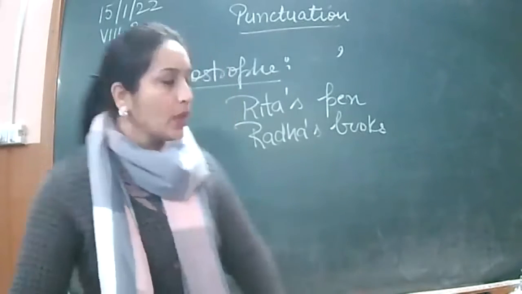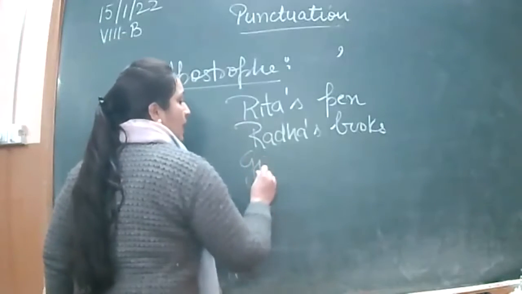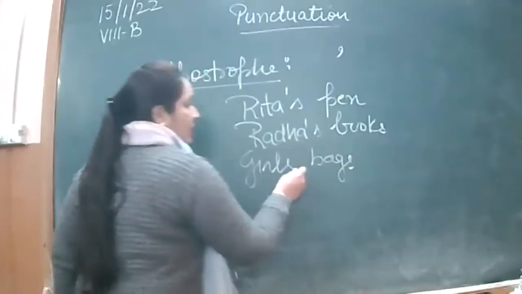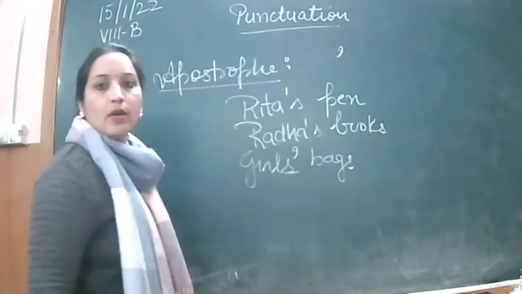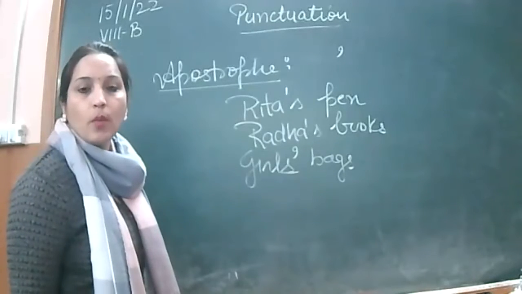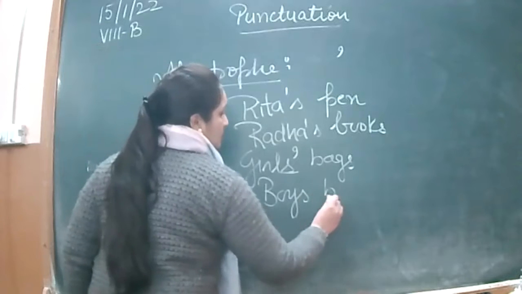So when we have a plural, for example girls' bags, after the S an apostrophe will be written. For example, boys' bags.